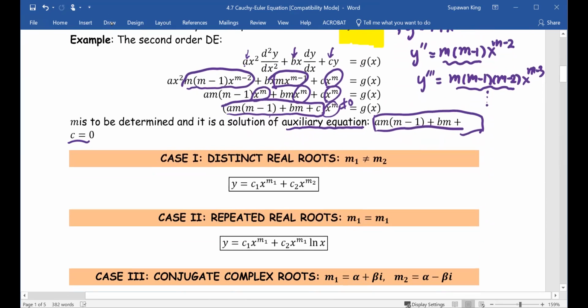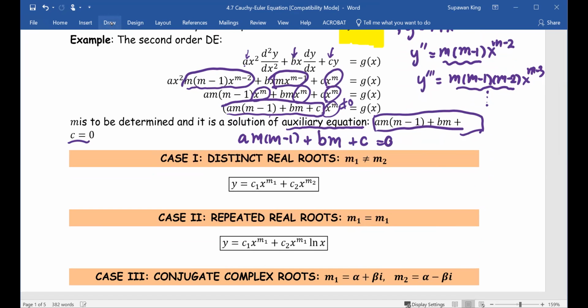To work on the auxiliary equation, a times m times m minus 1, plus b times m, plus c equals 0, we use it to solve for m1 and m2.